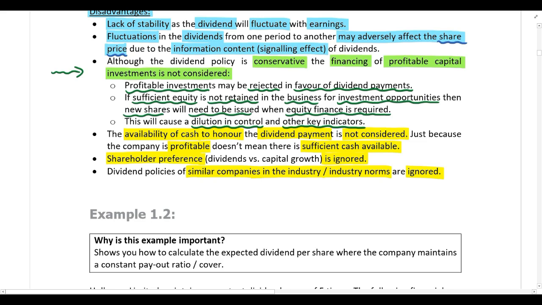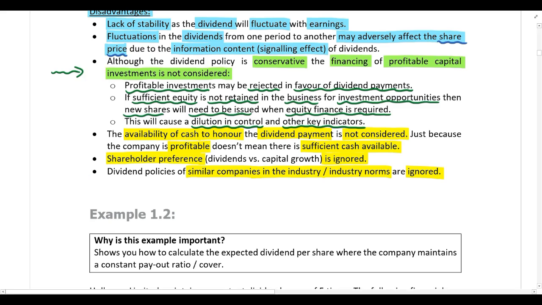Every year they just pay out 20% of their earnings as a dividend without considering if there's any investments they need to maybe be making, without considering if there's cash available, without taking shareholder preference into account, and also without taking into account industry norms. What are other companies in the same industry doing? What do their dividend payout ratios look like? You should also always consider what competitors are doing.